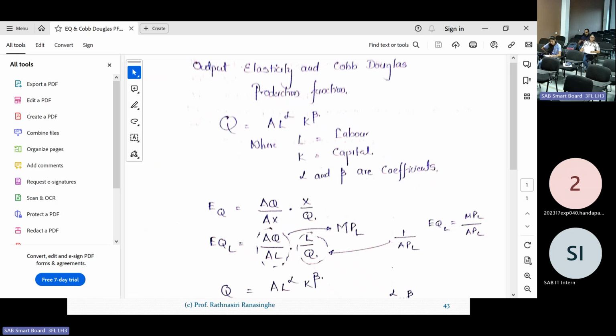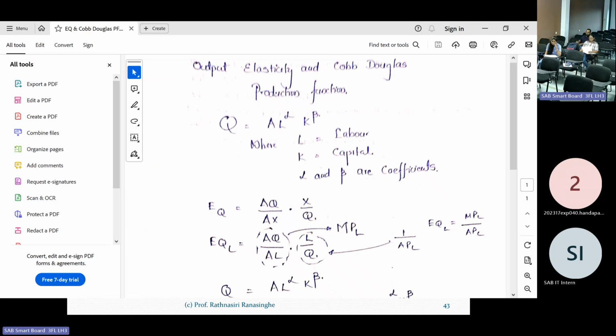You know the average productivity. How do we measure the average productivity? It is the output divided by labor, the ratio between the output and the labor. So that is the average productivity. Here it says L over Q, the reciprocal of that, the other way around.